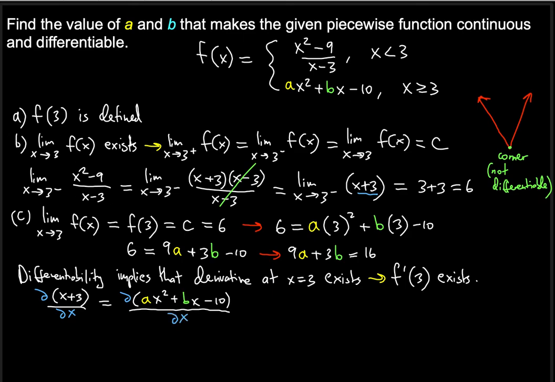Right? So now that you know that, you can take the derivative. What is the derivative of x plus 3? It is just 1, right? Because this is a constant. Derivative of x is just 1. So 1 should be equal to the derivative of this. Now what is the derivative of this? The a is a constant, so it's going to be there. X squared derivative is 2x, right? So we're going to write 2ax for the first term. 2ax.